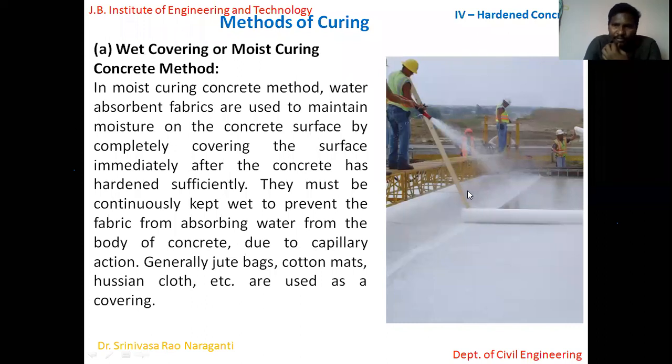You put a fabric on top and spray water on it. These fabrics absorb the water and make it available for the hydration process. They remain wet for a long time, thereby providing wetness to the concrete surface. It also cools down the temperature liberated during hydration, and the water is made available for the hydration to take place further.